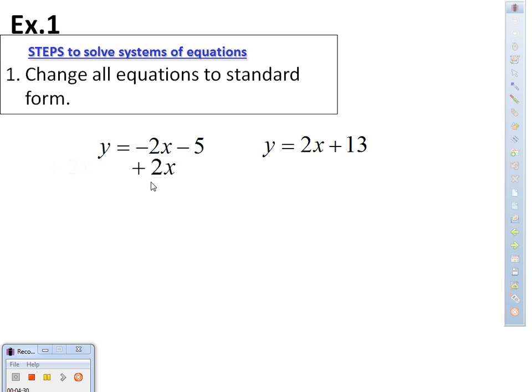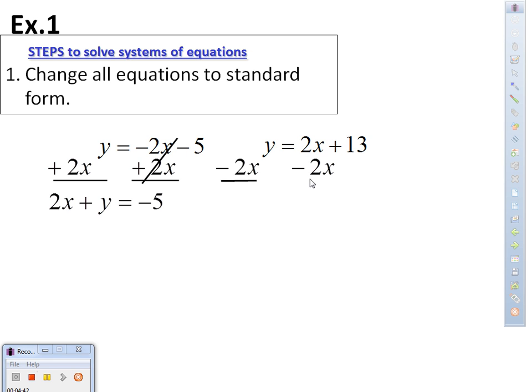Plus 2x, plus 2x. These cancel. We're left with 2x plus y equals negative 5. How about this one? Subtract 2x from each side, and we're left with negative 2x plus y equals 13. Copy that, please. That was step 1.